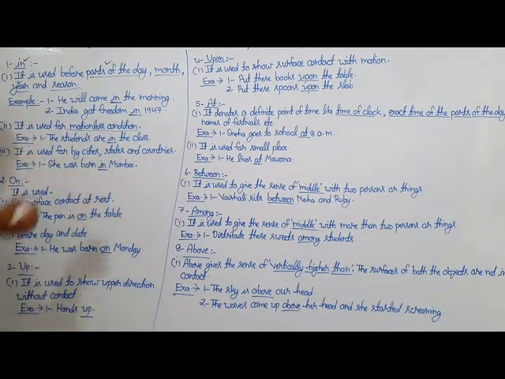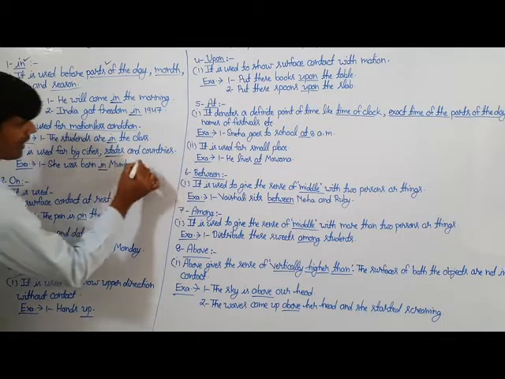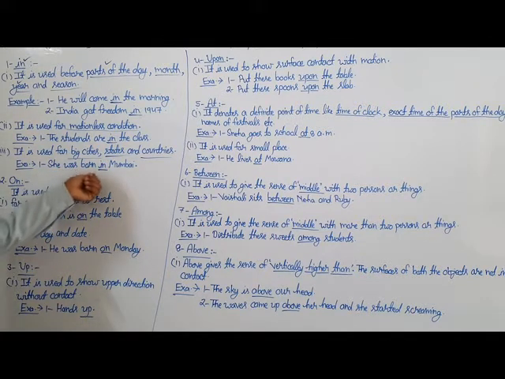The next use of the preposition in is that it is used for big cities, states and countries. For example: She was born in Mumbai.